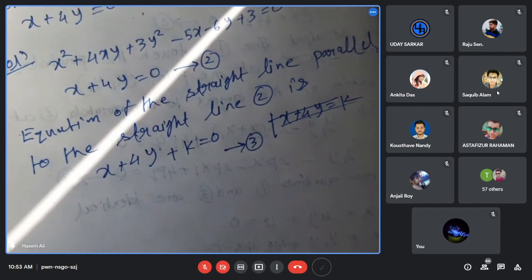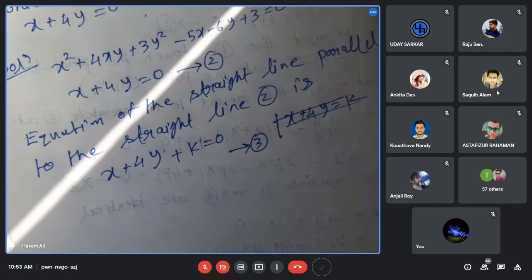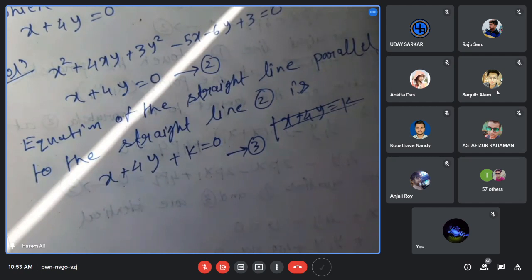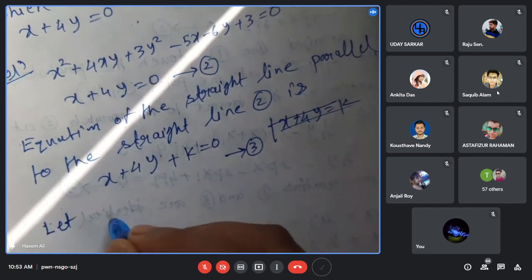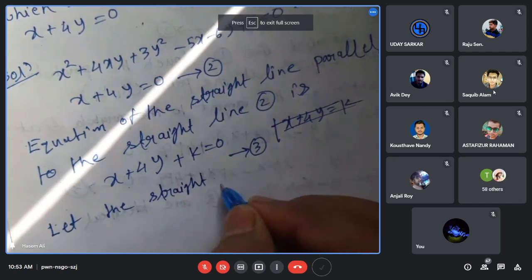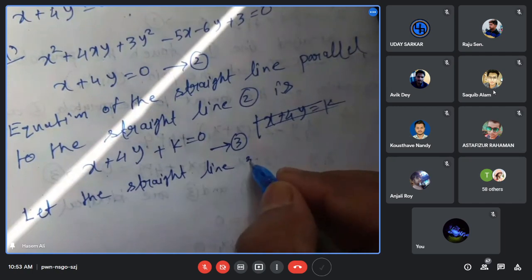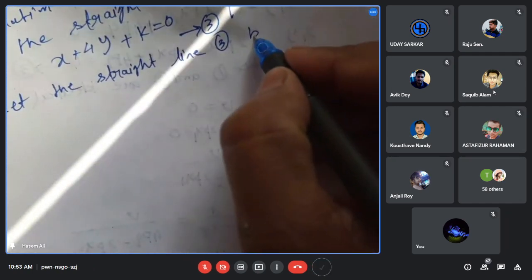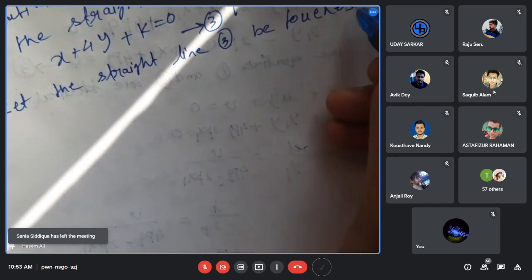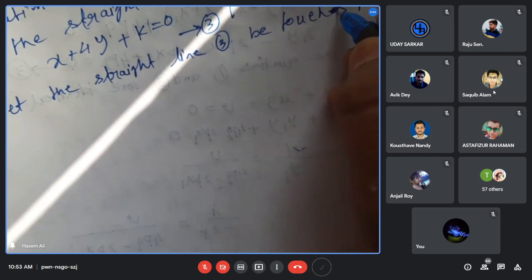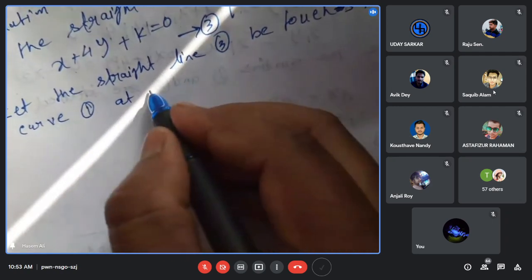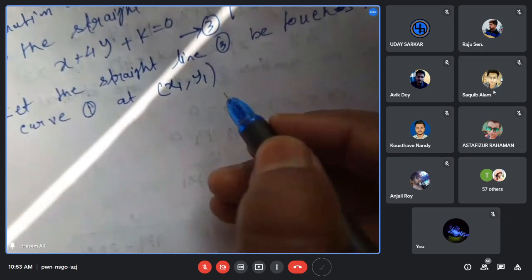Now, let the straight line 3 touch the curve at the point x1 y1.